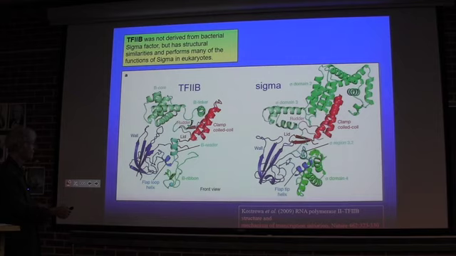You see more detail. The rudder, rudder is what splits the RNA from its template. And this is a comparison between TF2B and sigma. You see no similarity when you look at the actual amino acid sequence.